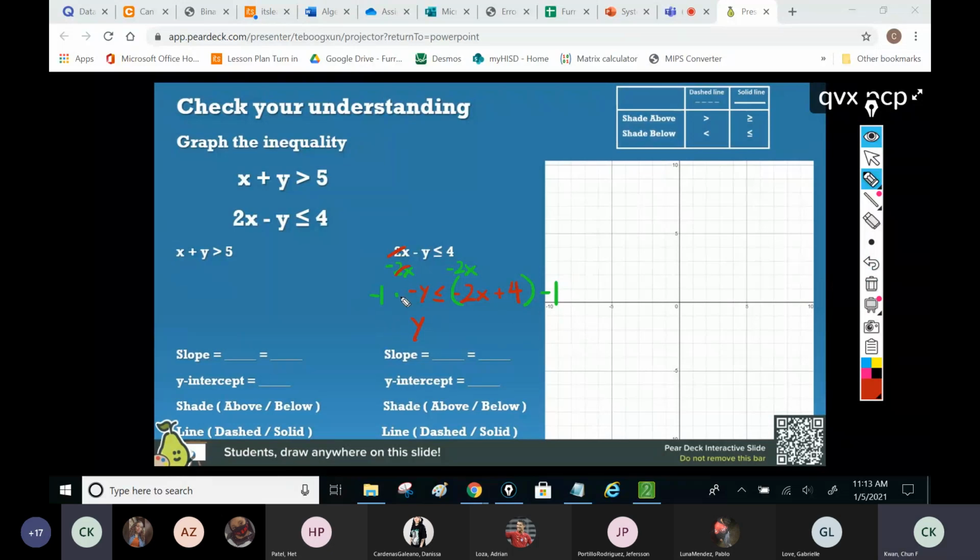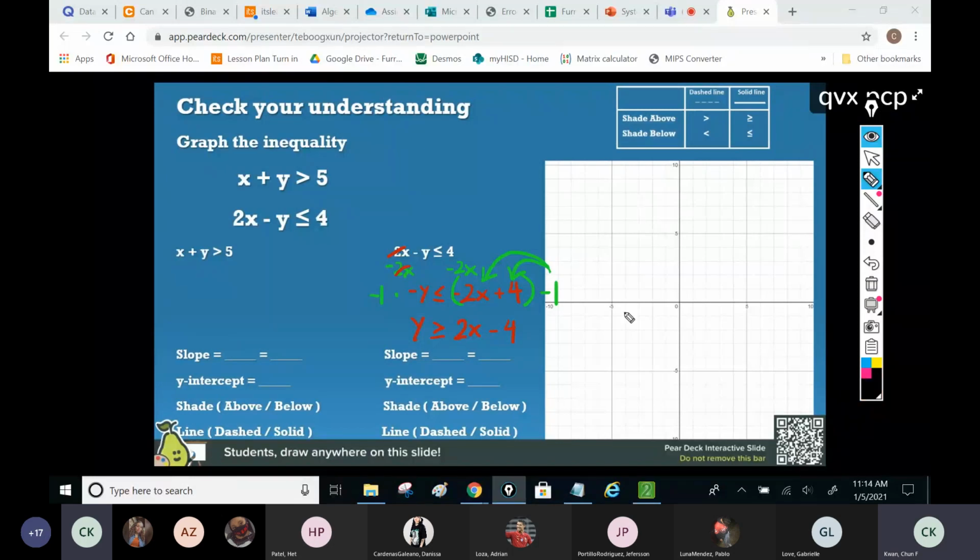And when you multiply by a negative number, you have to flip the sign. And then now distribute -1 to these two numbers. So that means you're going to get positive 2x minus 4.